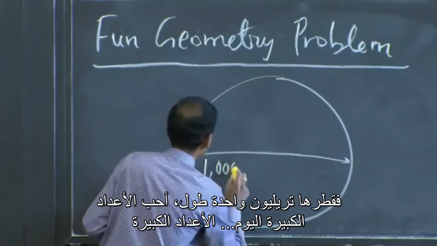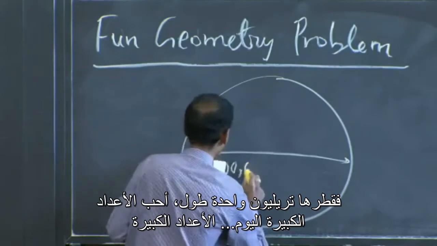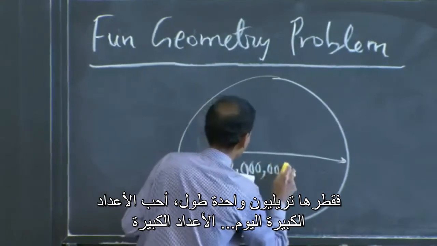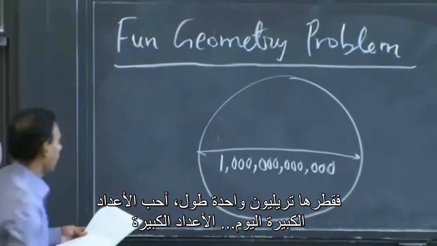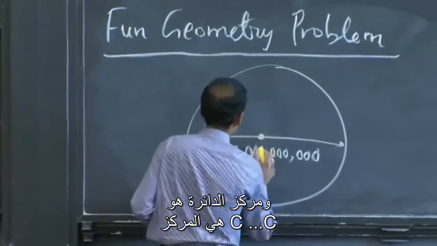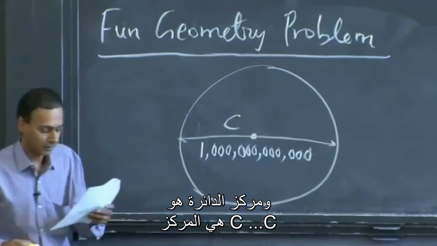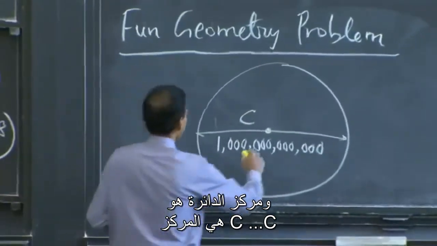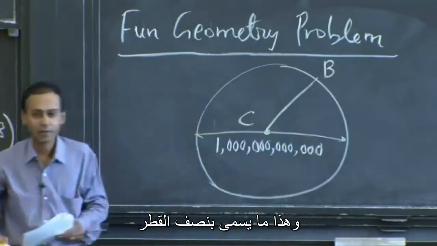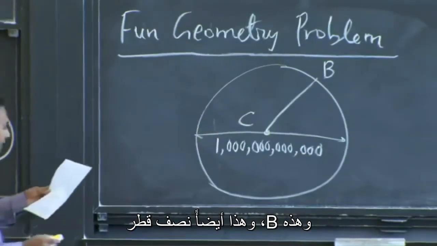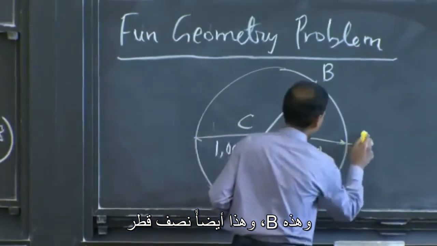It's 1 trillion units long. I'm into big numbers today. And the center of the circle is C, for center. That is what's called a radius, in case you'd forgotten, and that's B, and this is also a radius.